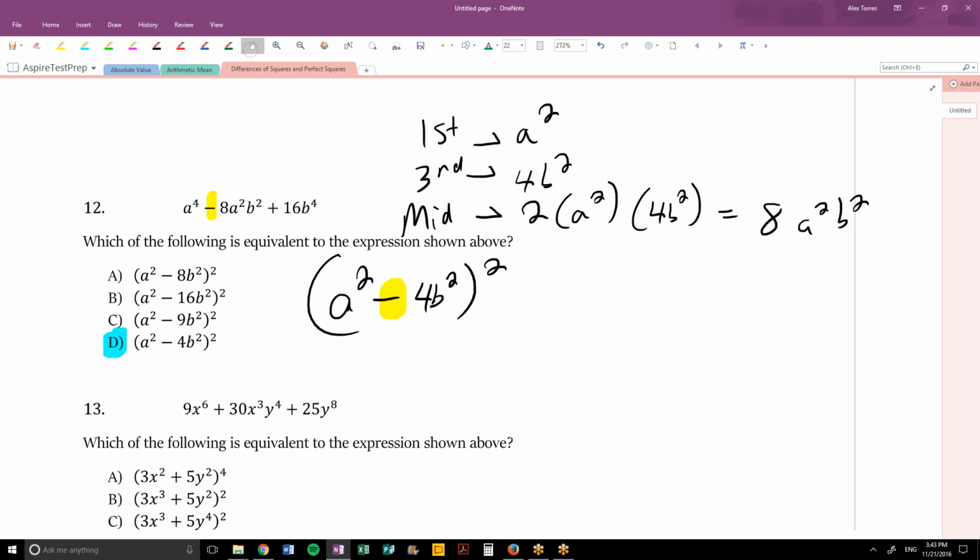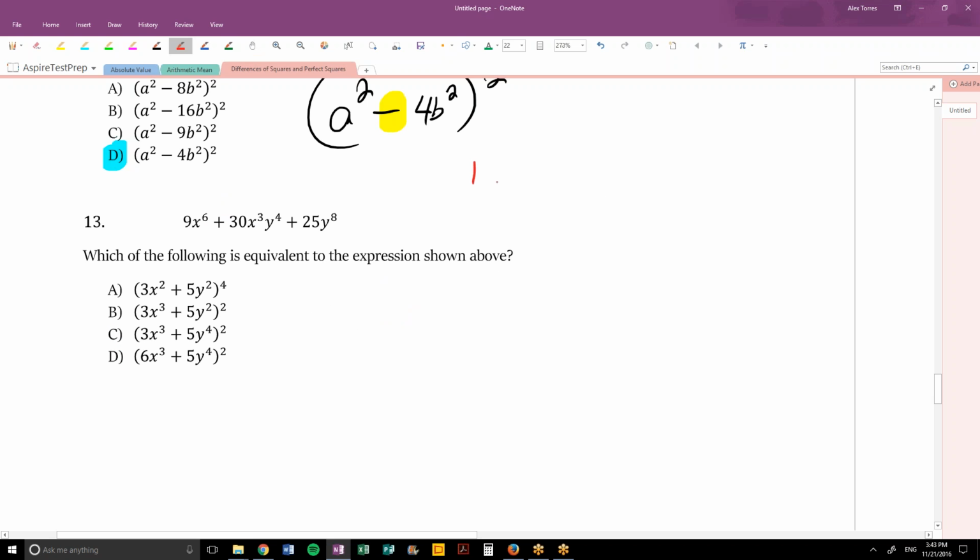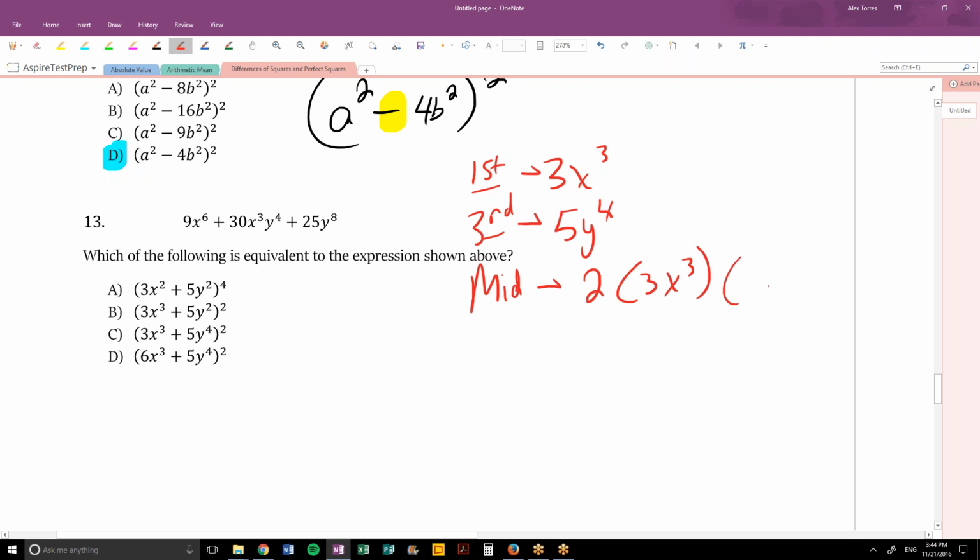For number 13, is the first term a perfect square? Yeah, because the square root is 3x cubed. Is the third term a perfect square? Yes, because the square root is 5y to the fourth. And is the middle term equal to 2 times the square root of the first times the square root of the third?